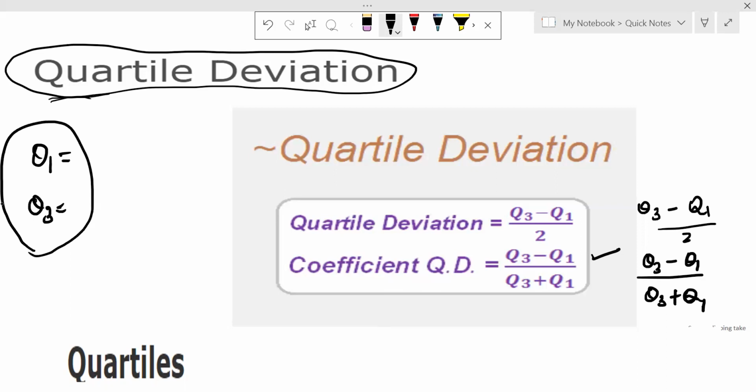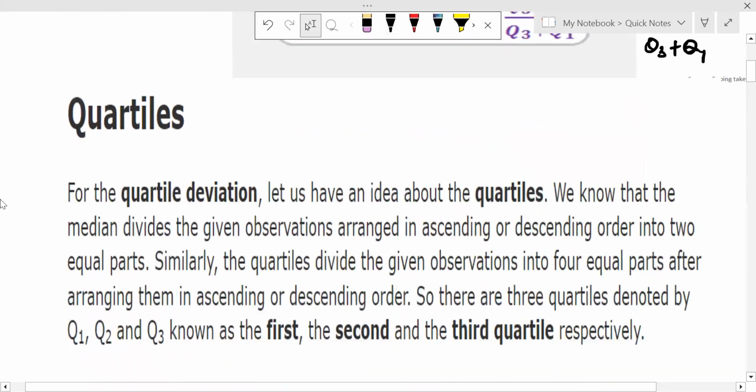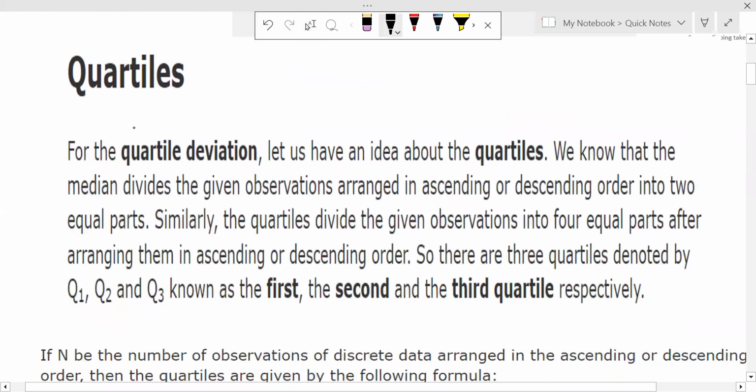Then how do we compute it? Before calculation, we want to know the meaning of quartiles.